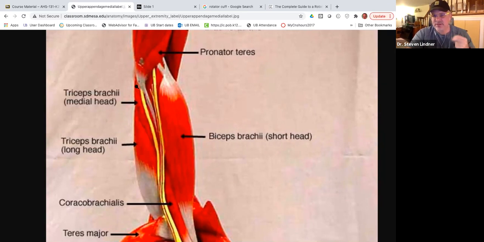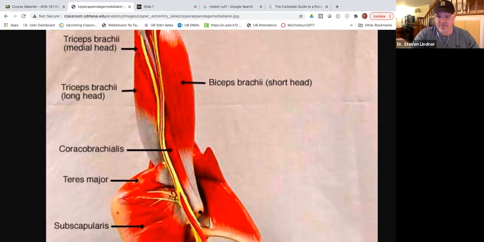Elbow extension, 2 words. No need to write extension of the elbow. No need to write flexion of the elbow. You simply put the joint first and then the action. Elbow, flexion. Elbow or forearm, supination.